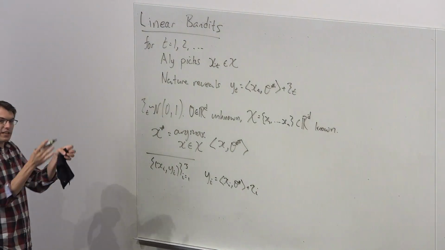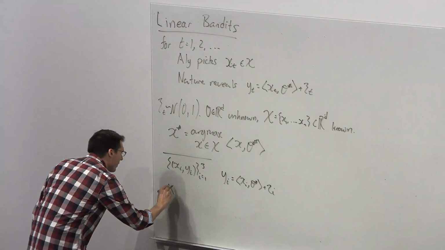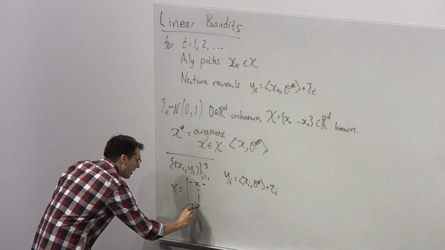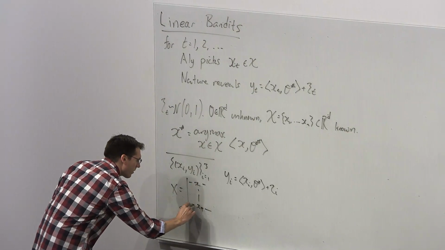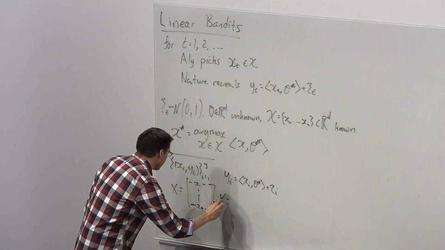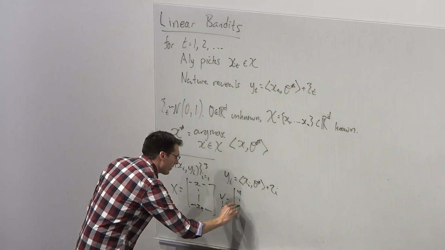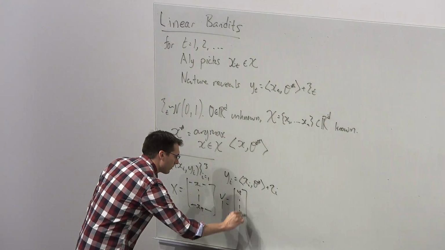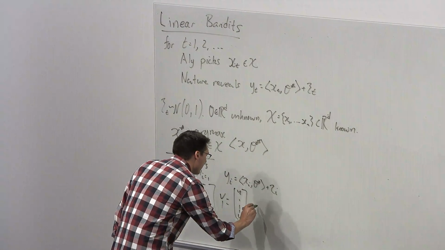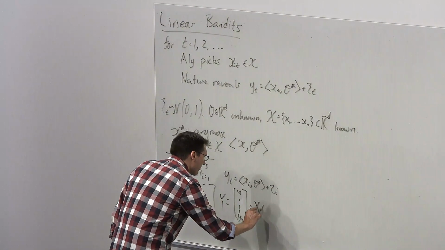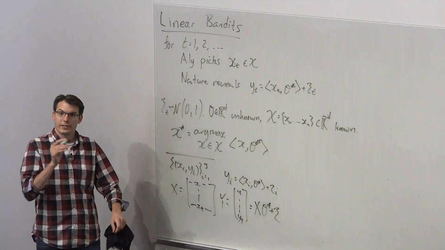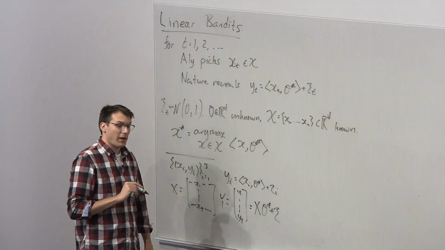Then I can stack these vectors up, where X is now x1 through x tau, like that. Y, same thing, y1 through y tau. And if I stack the etas, then I can say that y is equal to X theta star plus eta, where eta is this Gaussian 0, identity vector.